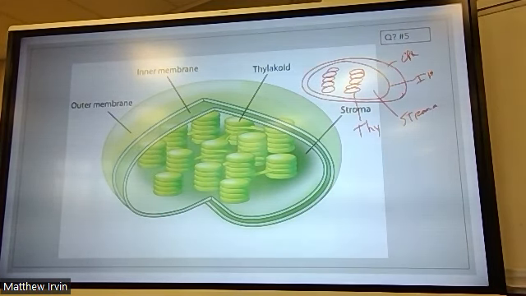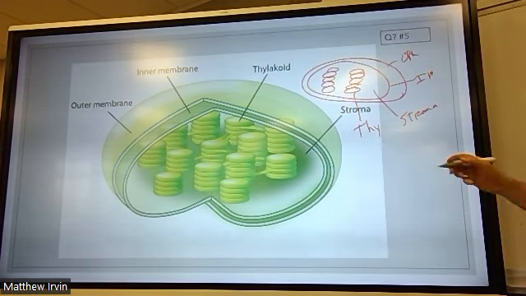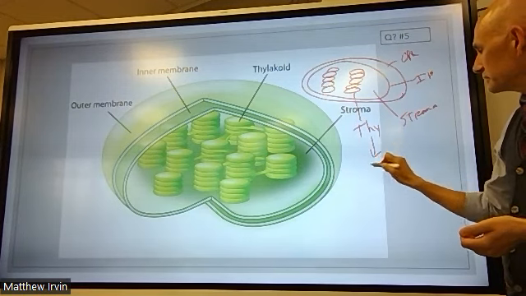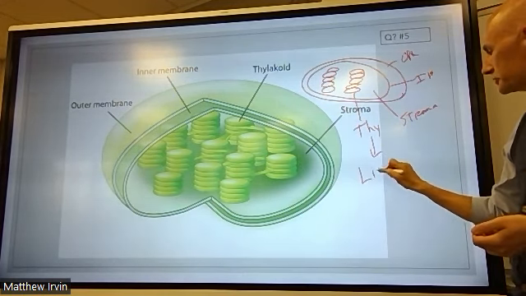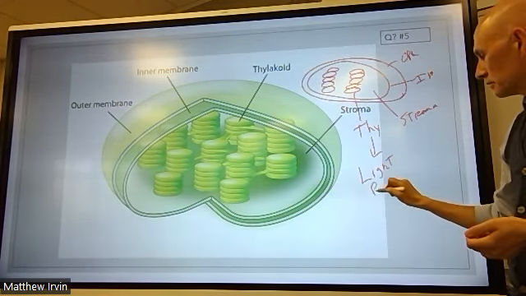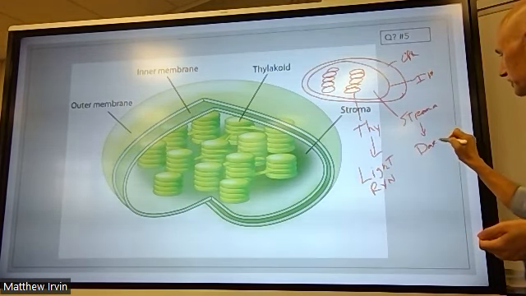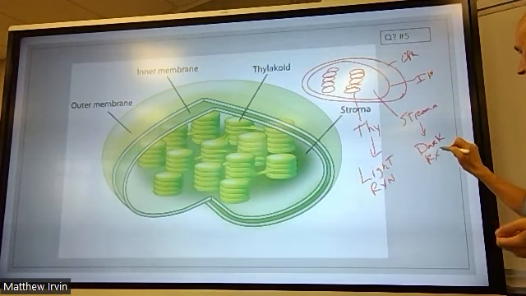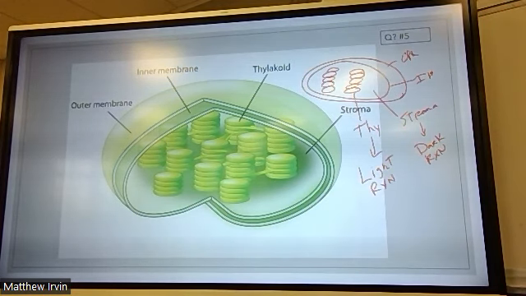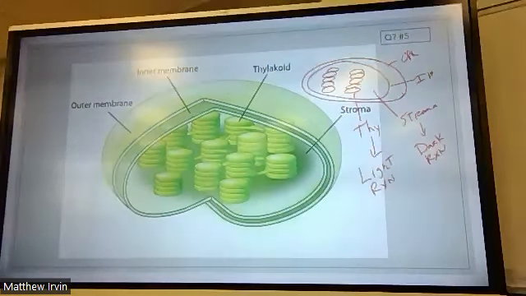And when we look at that, our main information: your thylakoid is going to be for your light reaction, and then your stroma is for your dark reaction. And then we'll get into the details of those tomorrow.